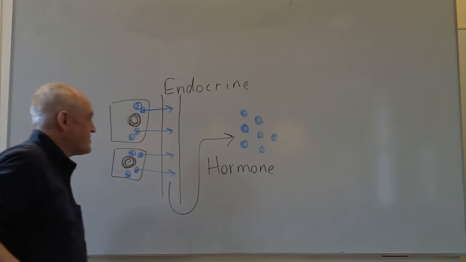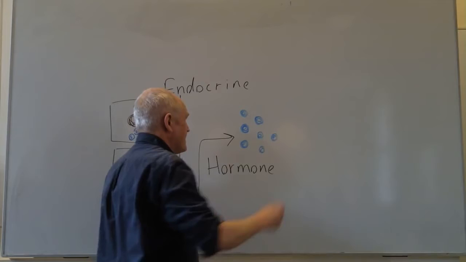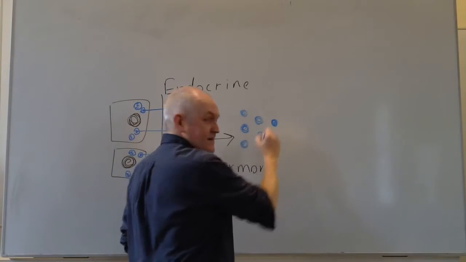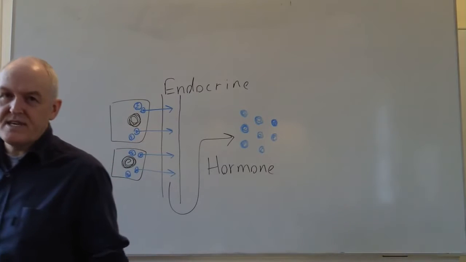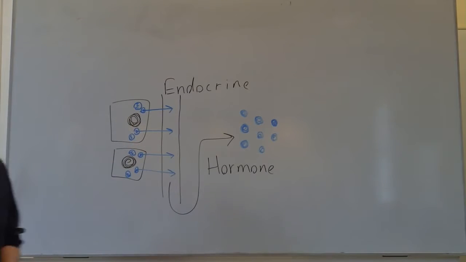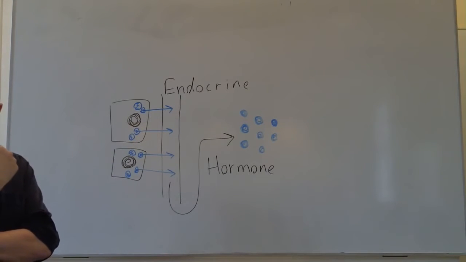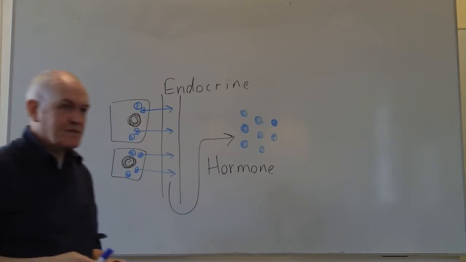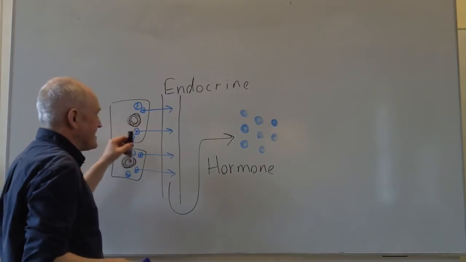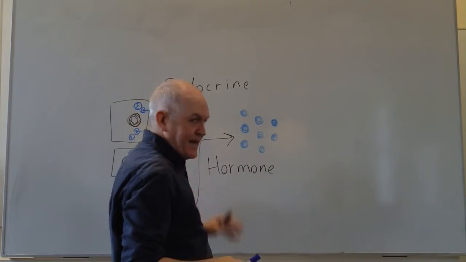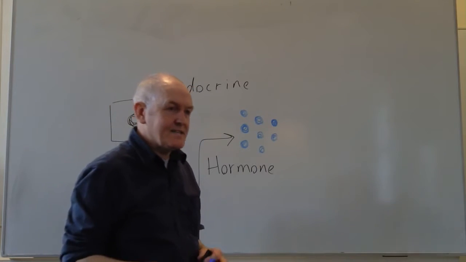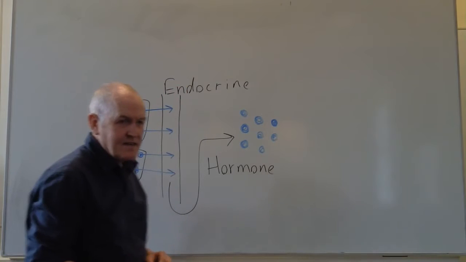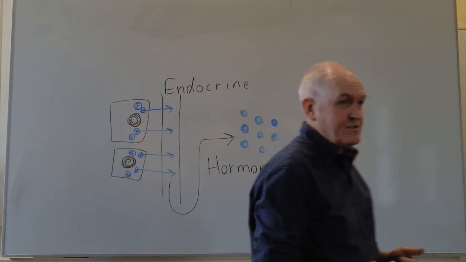Now, can you see that this particular hormone is round, isn't it? It's a round one. That represents a particular molecular shape. So the different endocrine hormones produced by different glands have different molecular shapes. And the whole point is that the endocrine gland can communicate with body tissues.